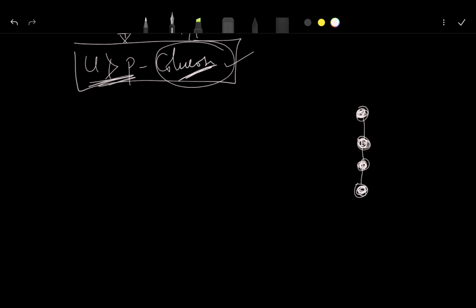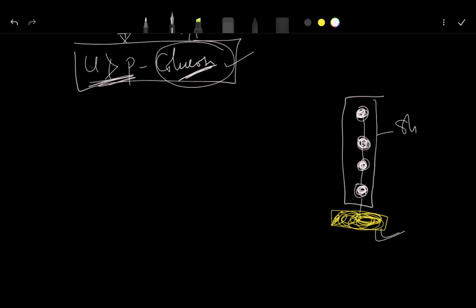Attached with a primer protein. Imagine that this is a primer protein. So this is 4 residues of glucose attached with the primer protein. That's what we call the primer. So a primer consists of a short glucose residue together with the primer protein.